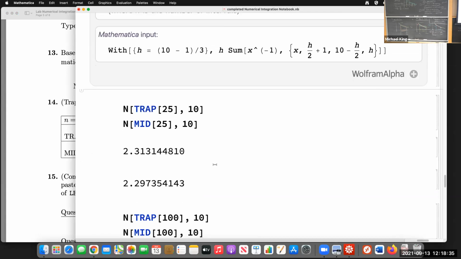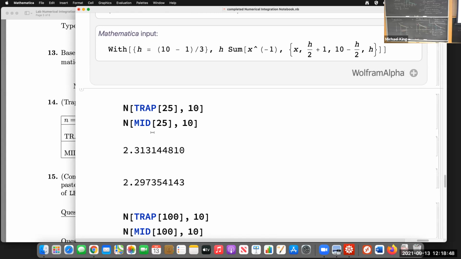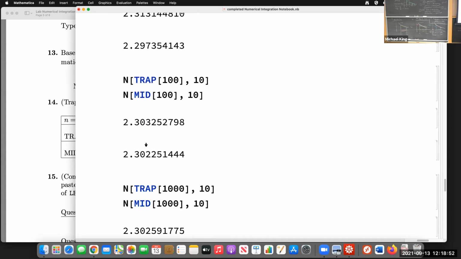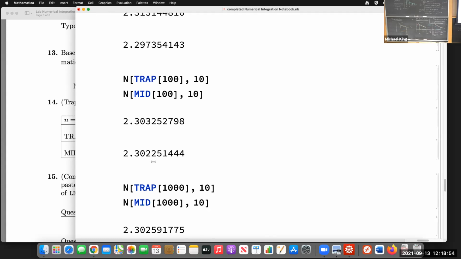So if you actually do the estimates, I'm doing both, and this is the trapezoid, and this is the midpoint estimate. The trapezoid is too big. Again, it's still the 2.3025, whatever we're looking for. This is too small, but even with 25 rectangles, it's pretty close. With 100 rectangles, it's actually getting a lot closer.